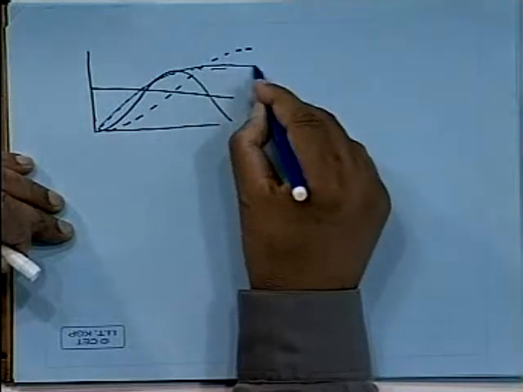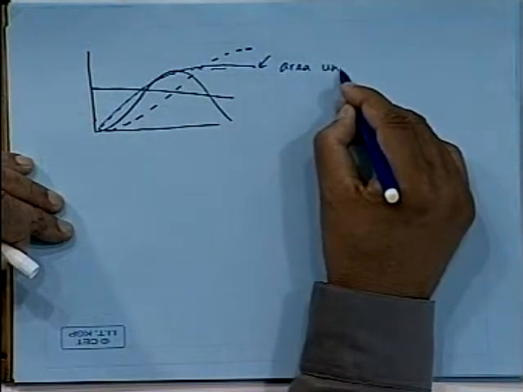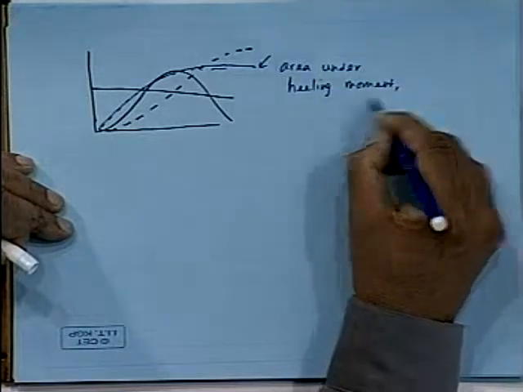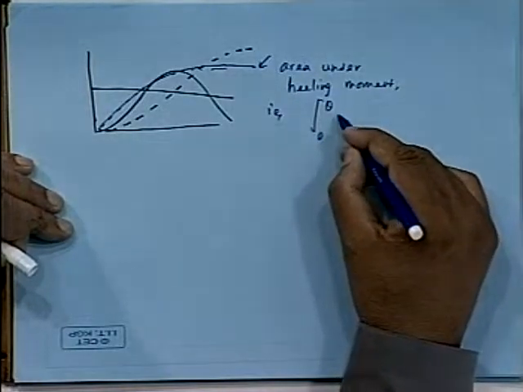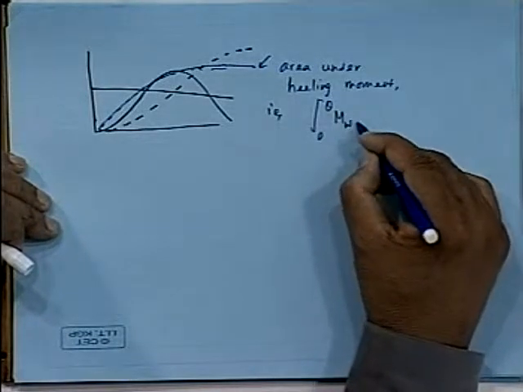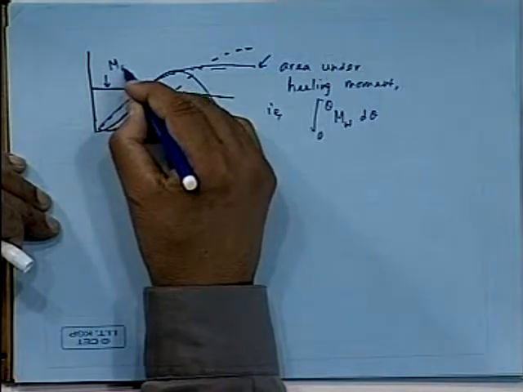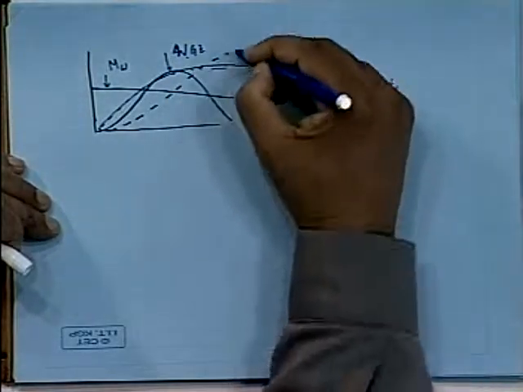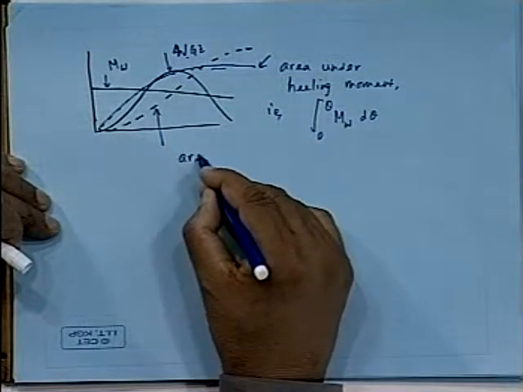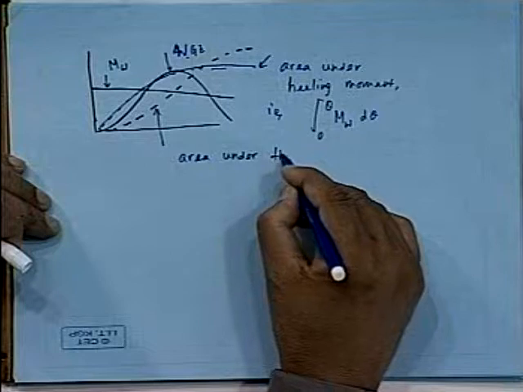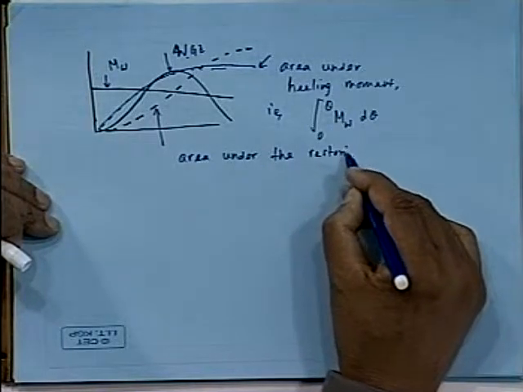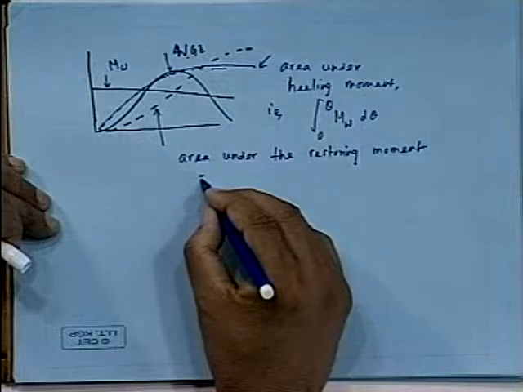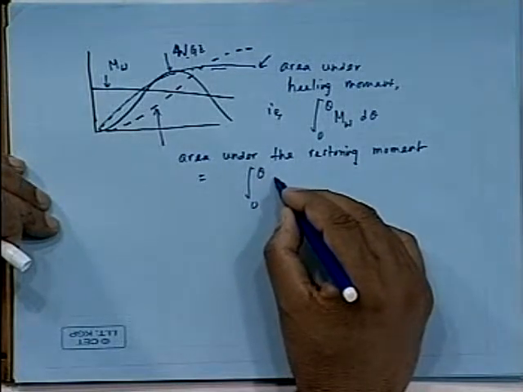Let us say this curve, the heeling moment, and this one, this curve is the restoring moment. So this is equal to 0 to theta w.